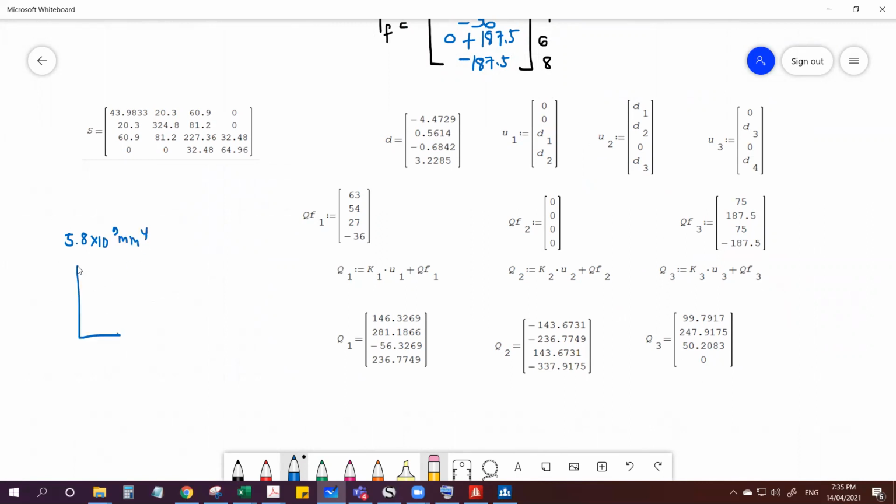So assuming I have 300 by h, that is bh cubed over 12, equal to 300 h cubed over 12. What will be my h? 10 raised to 9 times 12, divide by 300, then cube root.